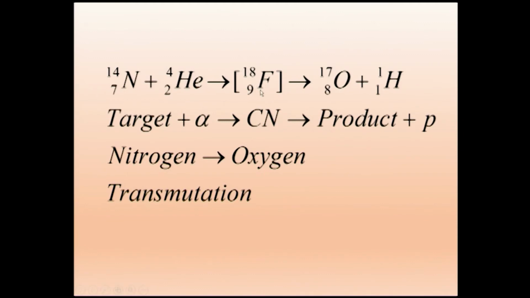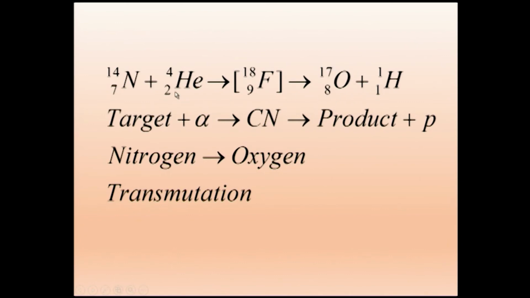Compound nucleus is generally not stable, it will decay after some time depending on its half life. The F 18 emits one proton. So, it becomes O 17 and H 1 1, that is a proton. So, here it is 18 and this is 9.